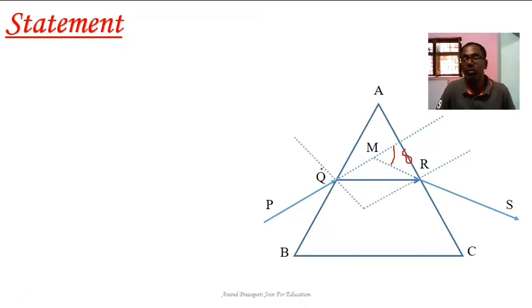This is the normal on the face AB at the incident point Q. Also, this is the normal on the face AC at the emergent point R. The normals meet each other at N.